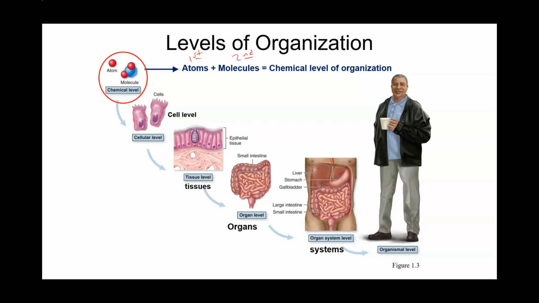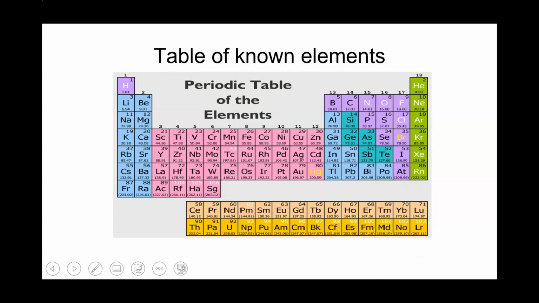So let's start talking about this chemical level of organization. The human body, like everything that exists in the world, is made up of these fundamental materials known as elements. What you can see on the screen now is what's known as the periodic table of elements. It lists all the elements that we've discovered. And depending on what chemist you ask, there's between 90 or 98 naturally occurring elements.